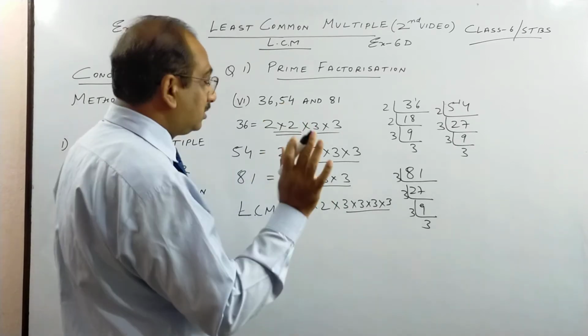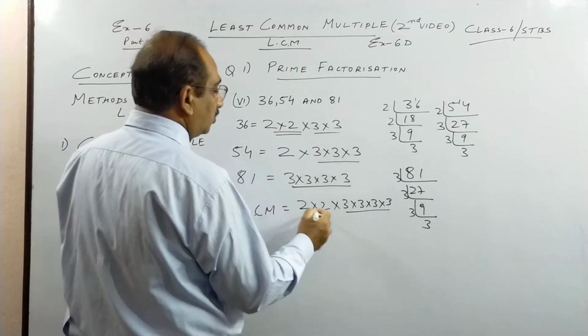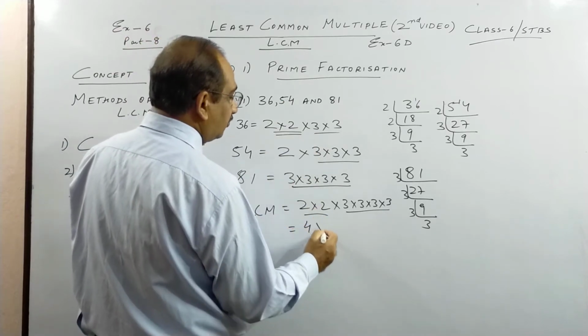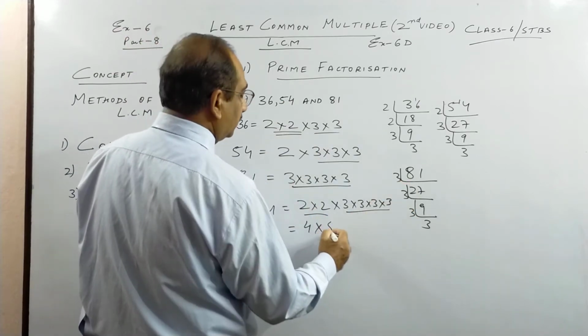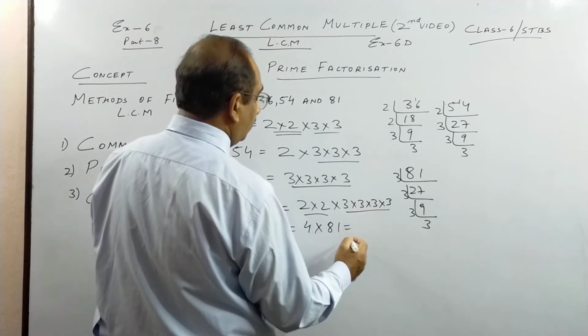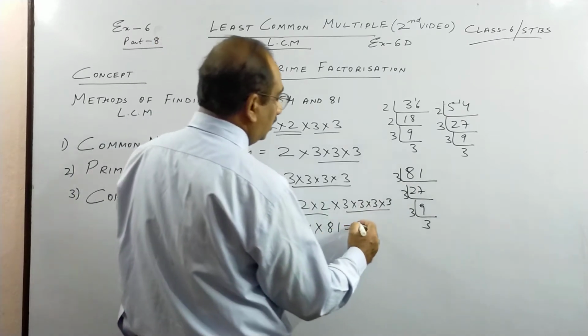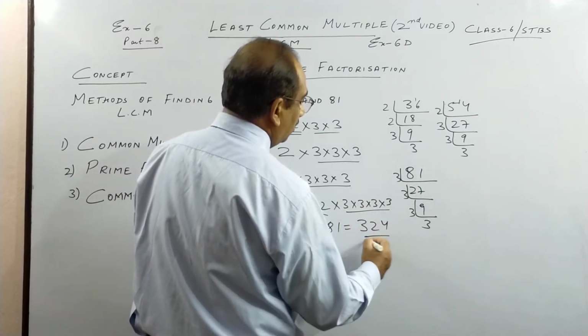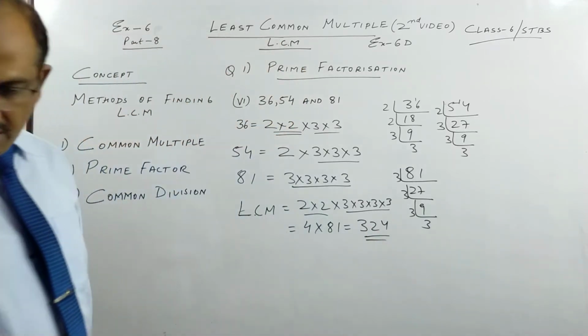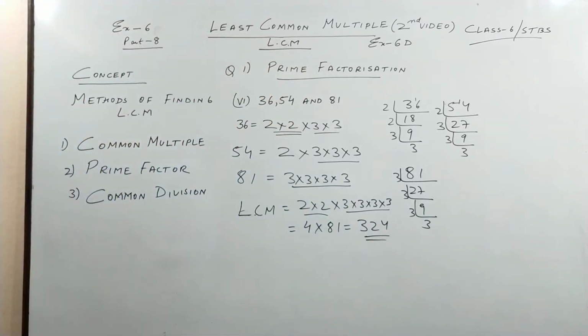This is not HCF children, this is LCM. So twice I take. So your answer is 4, and this you know is 81. So 4 1s are 4, 4 8s are 32, and so the answer is 324. So kindly pause the video and copy.